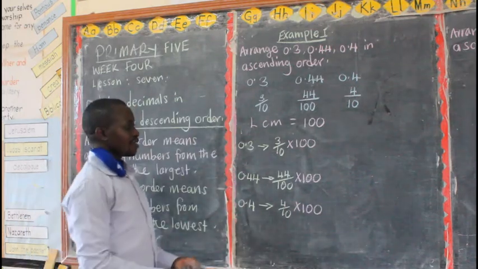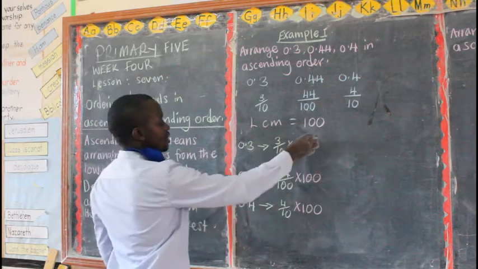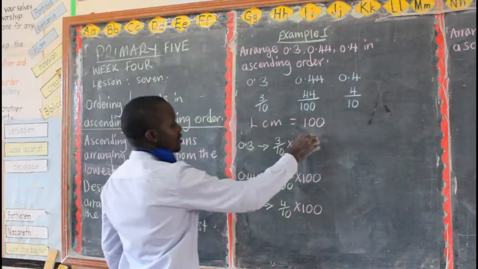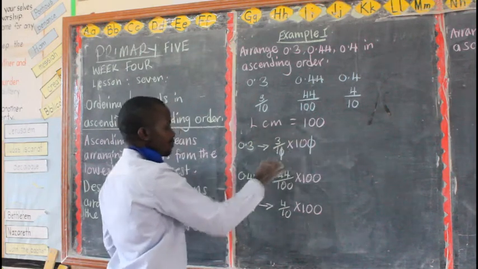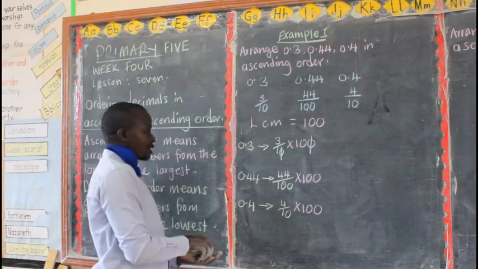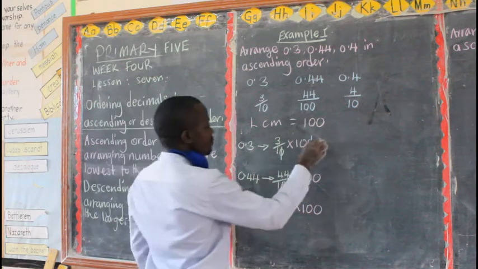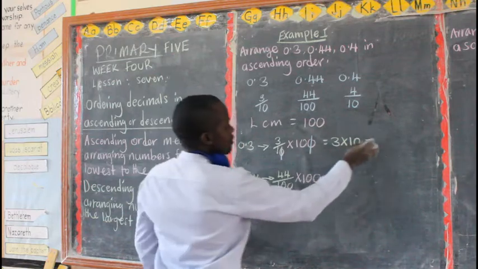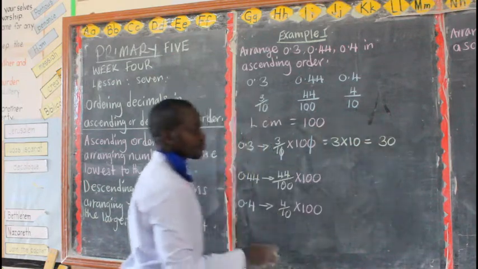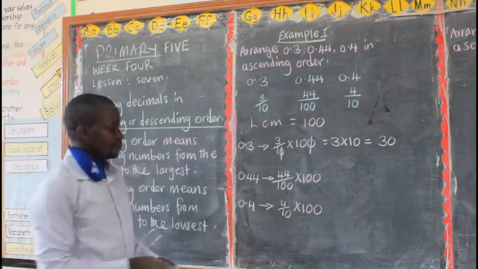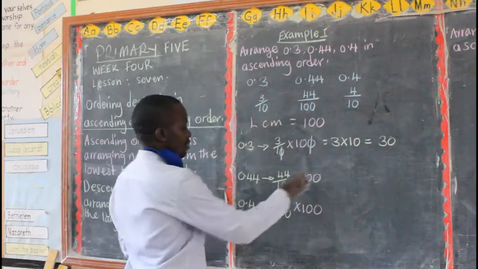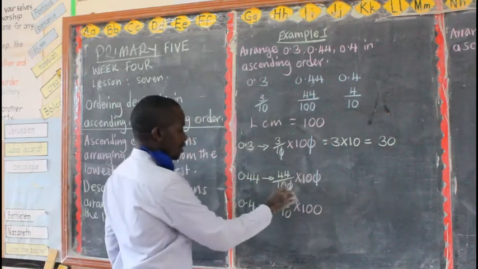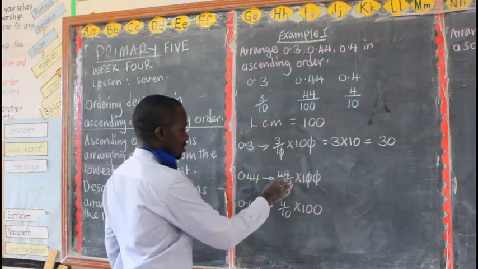After that, the next step is to divide. See here, we are going to divide this 0 with this 0. On that very one, we remain with 3 times 10, giving us 30. Here, we divide 1 0 here, 1 0 here, another 0, another 0.